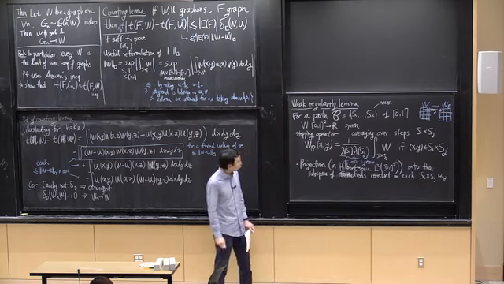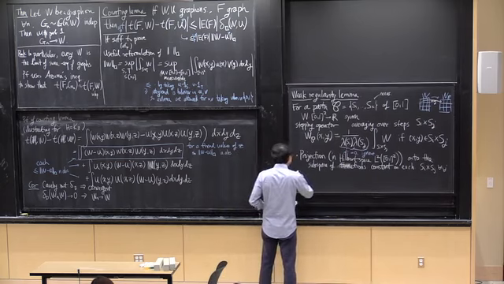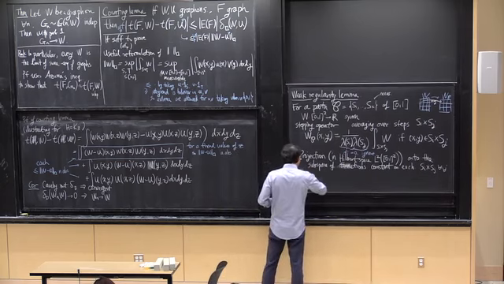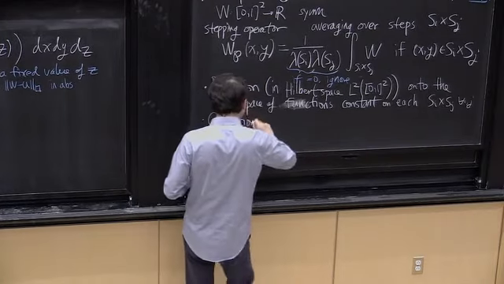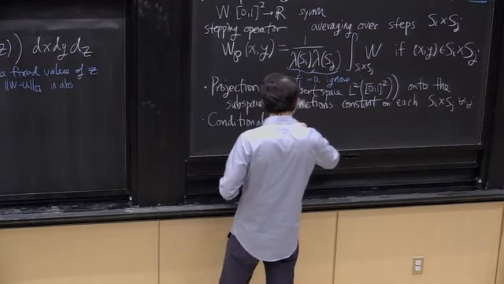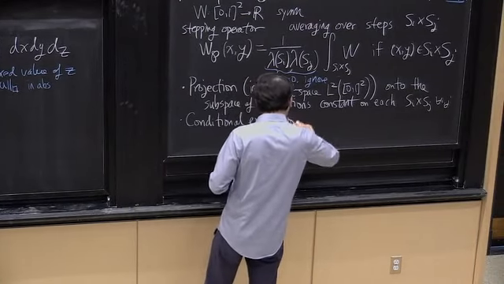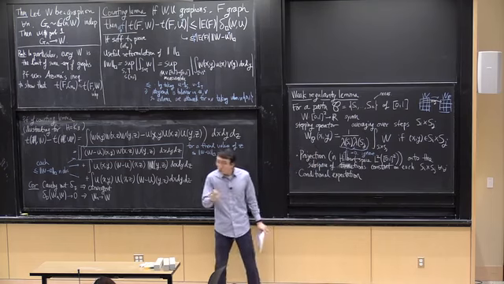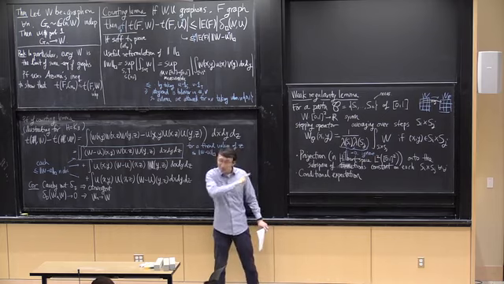So that's one interpretation. Another interpretation is that this operation is also a conditional expectation. If you know what a conditional expectation actually is in the sense of probability theory, then that's what happens here.